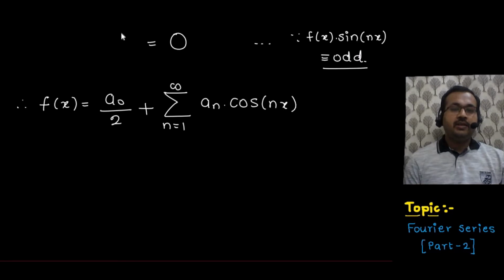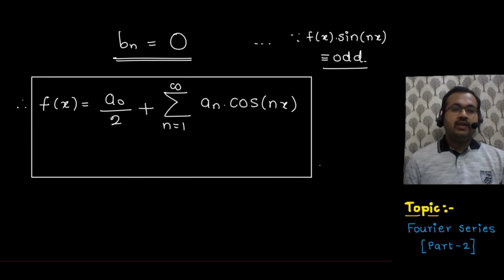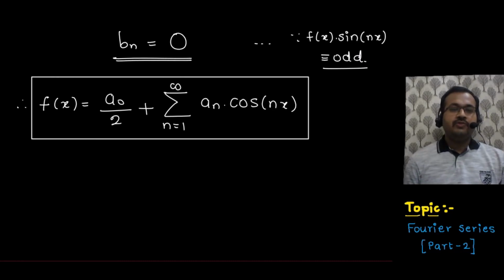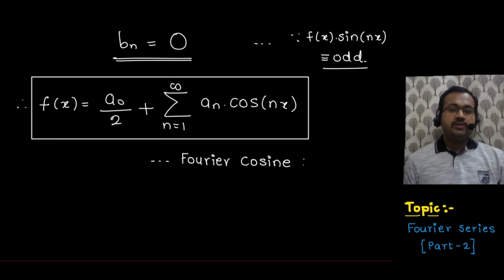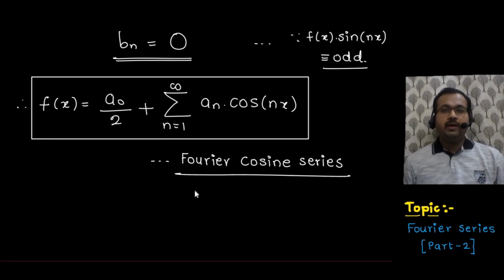Since bn is equal to 0, there are no terms containing sin nx. So this will be the Fourier series representation for an even function. We also call it the Fourier cosine series for a periodic function f of x with period 2 pi in the interval minus pi to pi, provided that f of x is an even function in that interval.